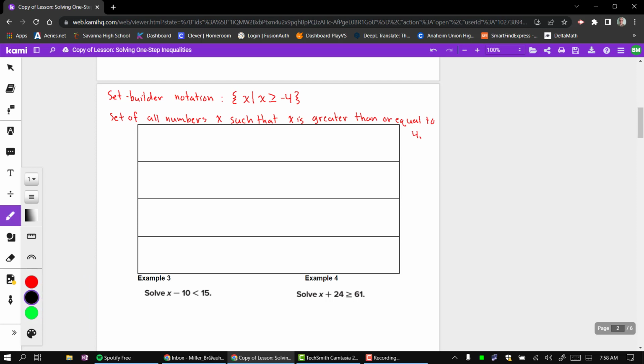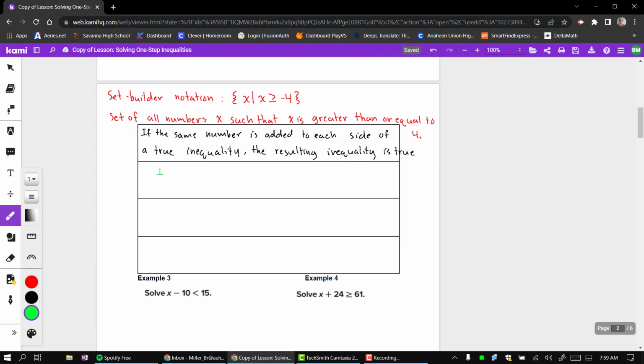So let's do a little bit more defining. So if the same number is added to each side of a true inequality, the resulting inequality is true. So what will that look like?